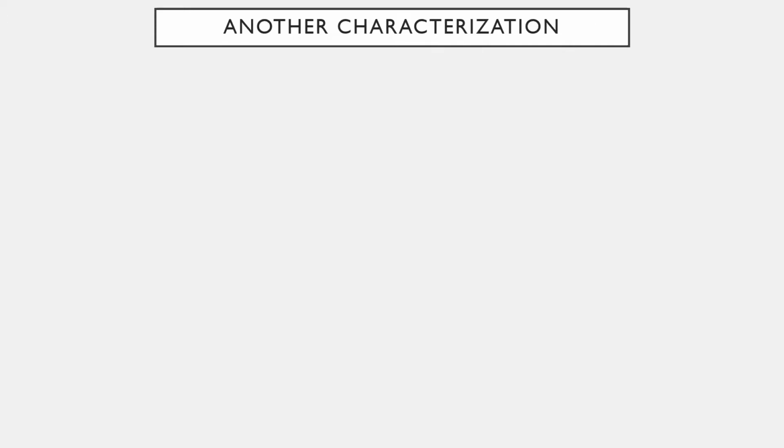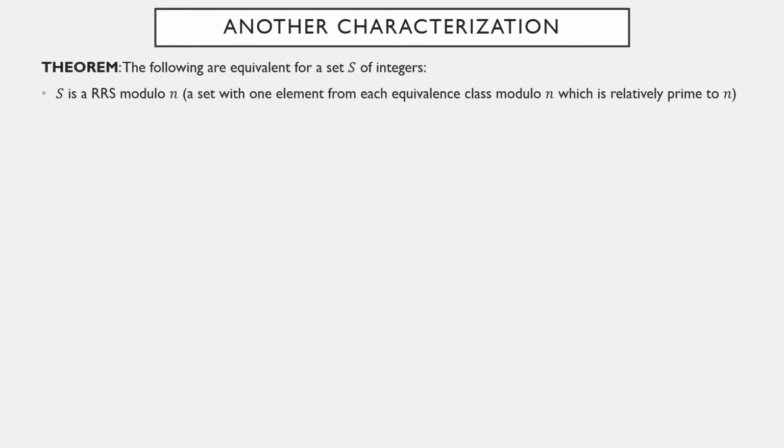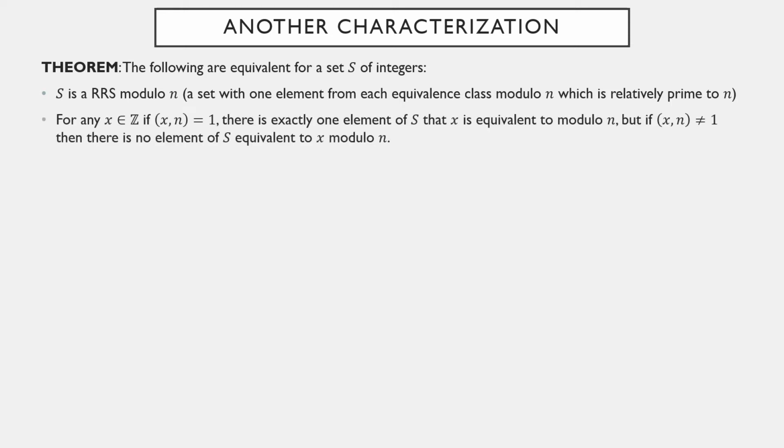Just as we did with complete residue systems, we can describe reduced residue systems in a couple equivalent ways. So first, we could say a set is a reduced residue system mod n according to the definition we've introduced. It's a set that has one element from each equivalence class mod n that's relatively prime to n. Second, we could say the set S has this property.